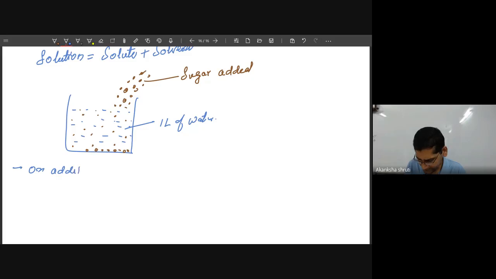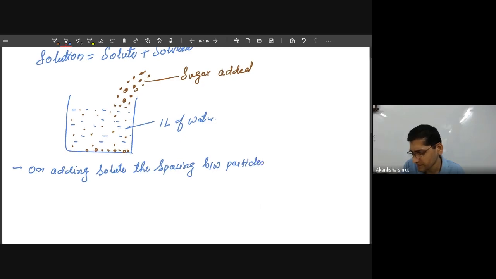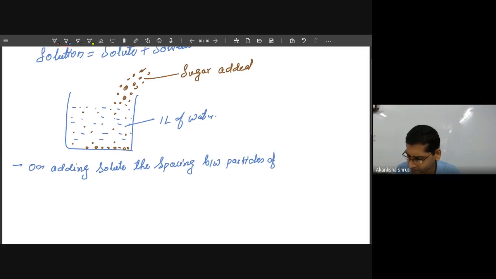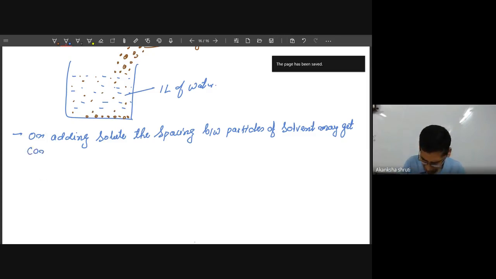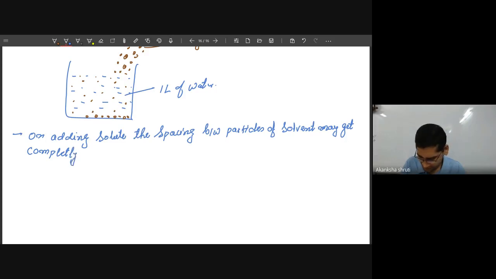On adding solute, the spacing between particles of solvent may get completely filled, and no further dissolution is possible.